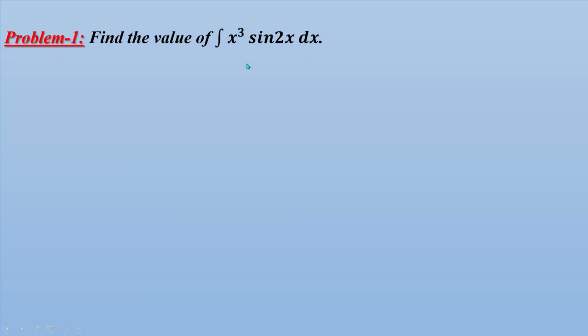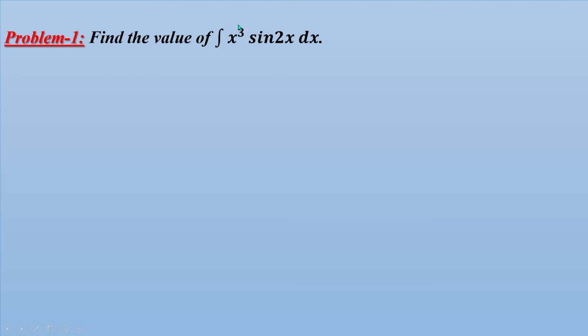Problem 1: find the value of the integral of x cube sine 2x. Here x cube is algebraic, and sine 2x is trigonometric. By LIATE, A means algebraic and T means trigonometric.